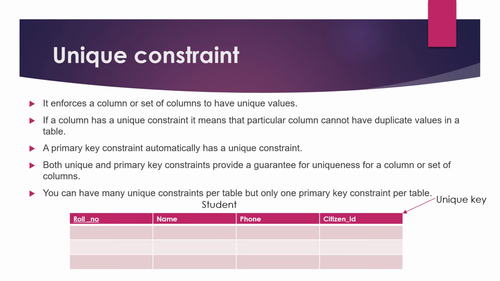A primary key constraint automatically has a unique constraint because duplicate values cannot be inserted in a table by using primary key. Both unique and primary key constraints provide a guarantee for what? For uniqueness for a column or a set of columns. You can have many unique constraints per table but only one primary key constraint per table.